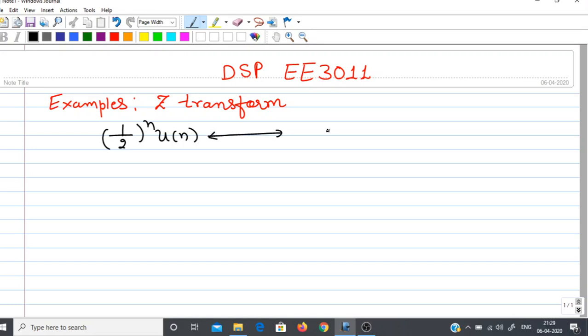is 1 upon 1 minus half z inverse with ROC mod z greater than half.